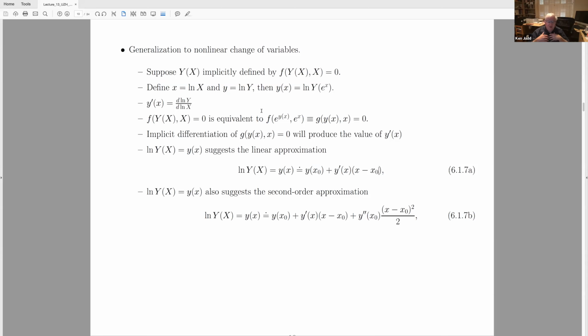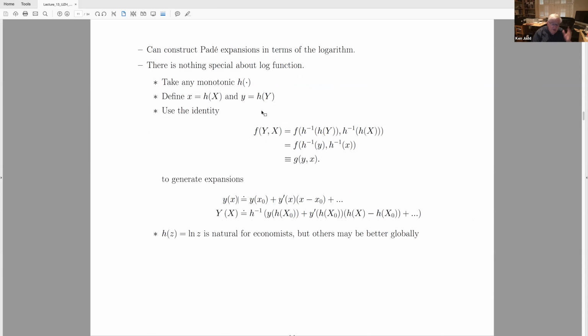Log linearization is just a special case of nonlinear change of variables and then applying Taylor's theorem. You can also use it to construct a Padé expansion in the log. There's nothing special about the log function. You could take any monotonic h of x function and go through these methods and get an approximation.